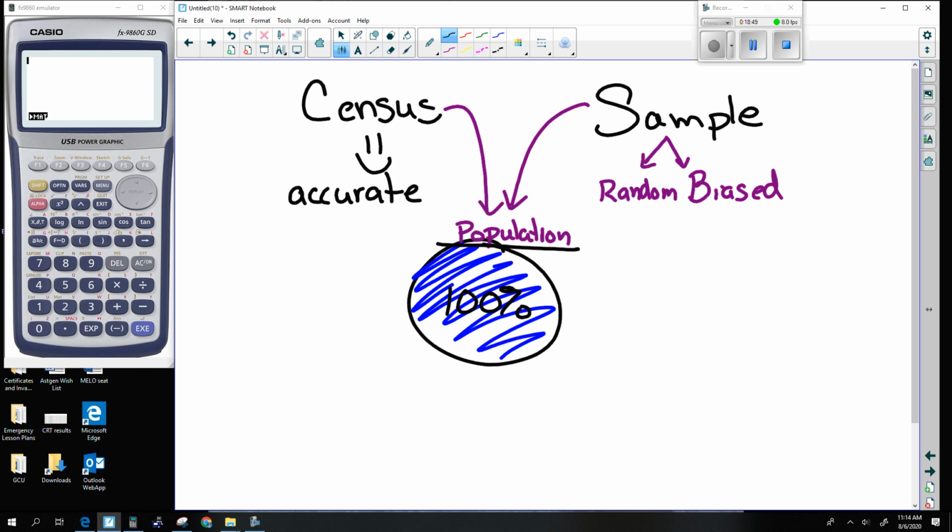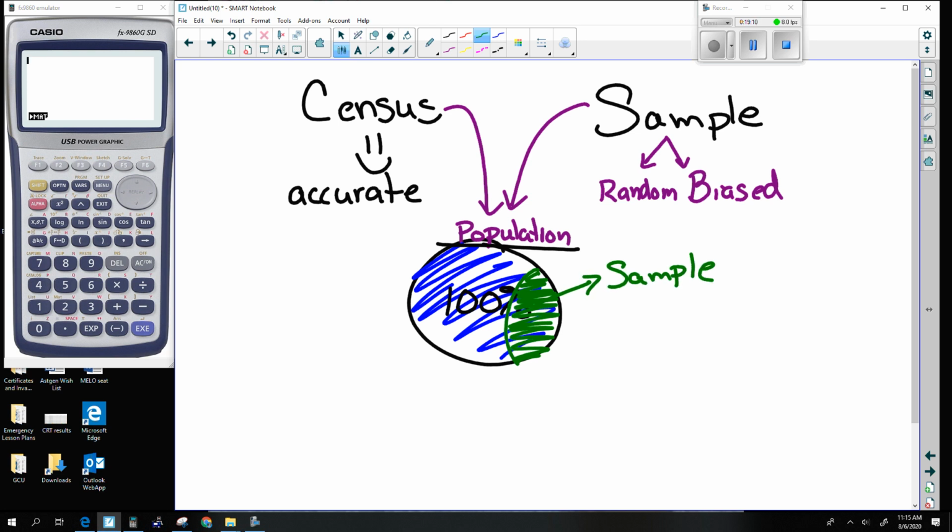Okay, if you're taking a sample, you're not asking everybody of that population. What you're doing is you're asking some of the population. Okay, this is my sample.